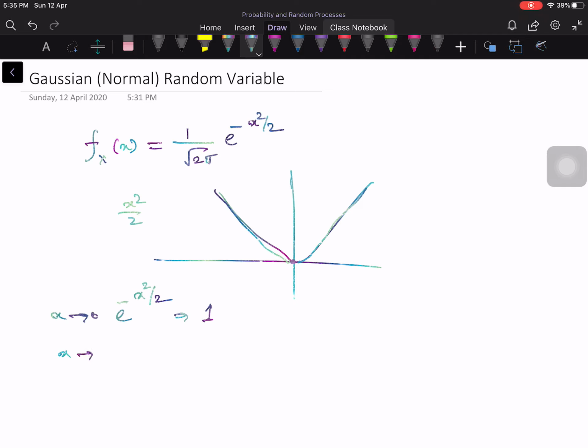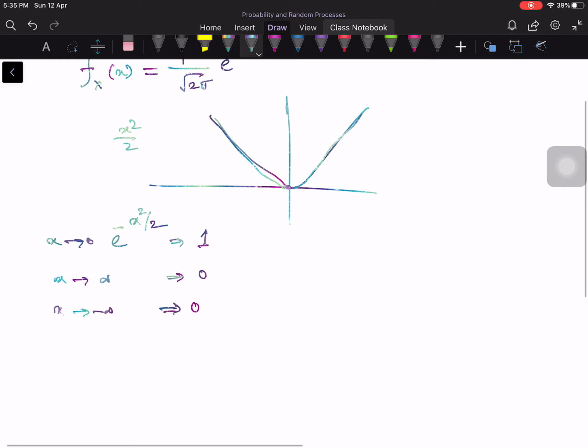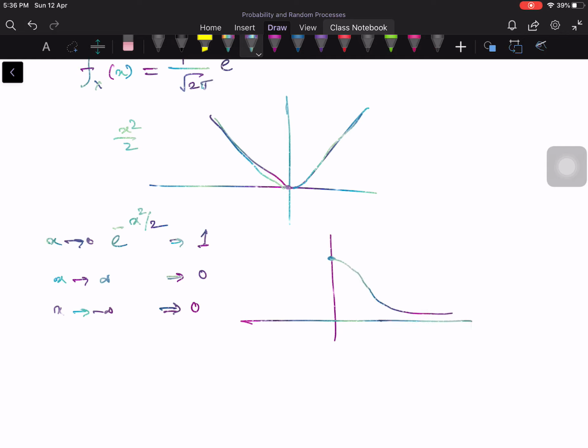When x goes to infinity, it goes to 0. When x goes to minus infinity, it also goes to 0. Therefore the curve will look like this. When x equal to 0, it is 1, then it slowly decreases and goes to 0, and from this side also it slowly goes to 0.